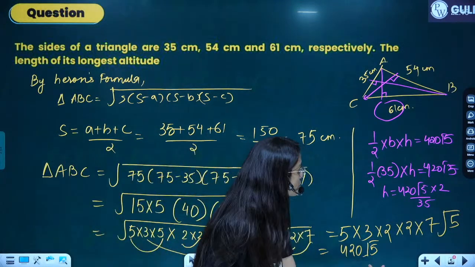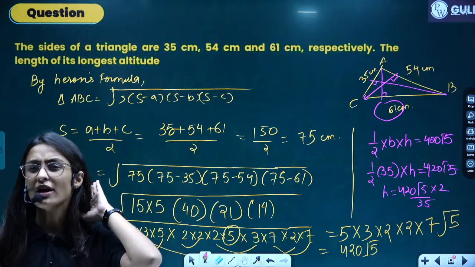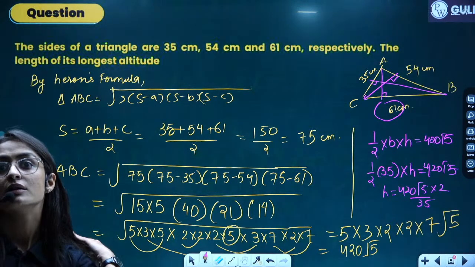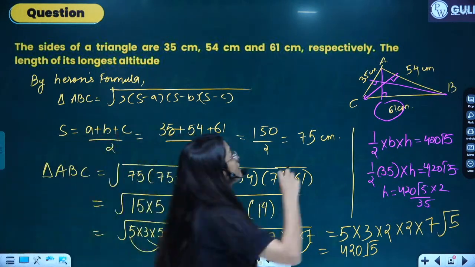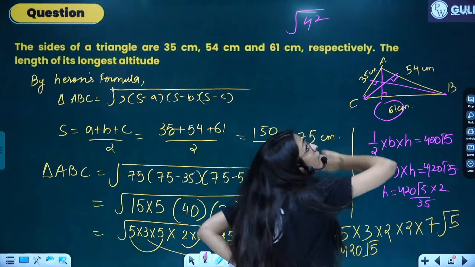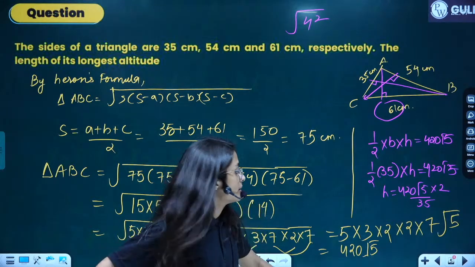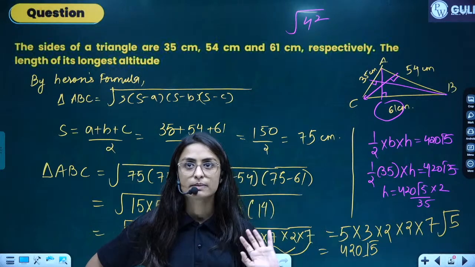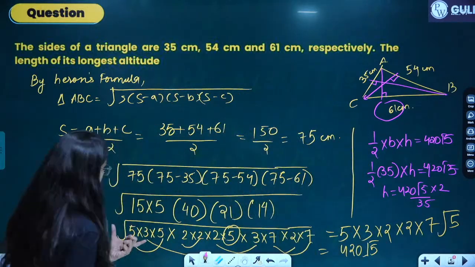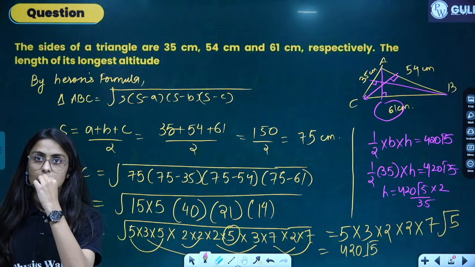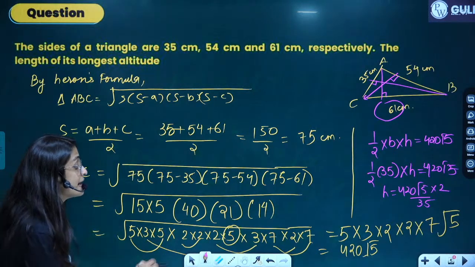This root 5. H equal, see my area is 420 root 5.